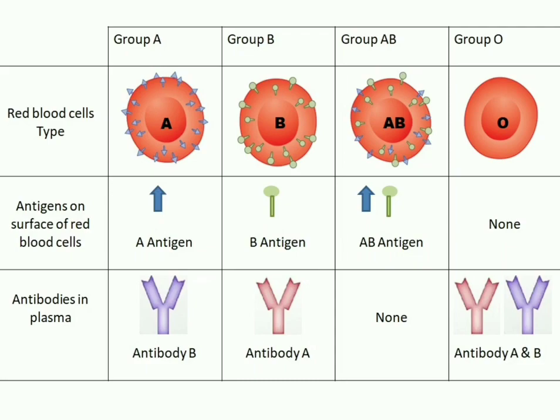In group AB, there are no antibodies present in the plasma. Both the antigens A and B are present on the red blood cells. Likewise, in blood group O, there is no antigen on the surface of red blood cells, but both antibodies A and B are present in the plasma.